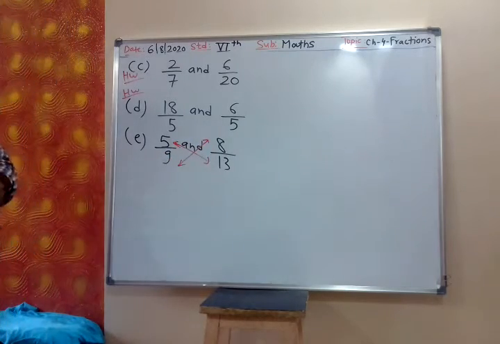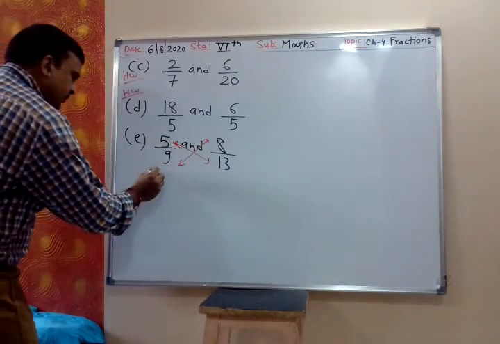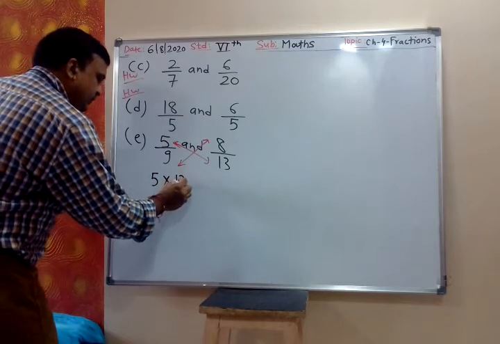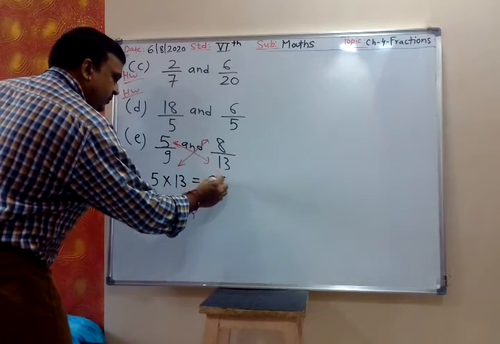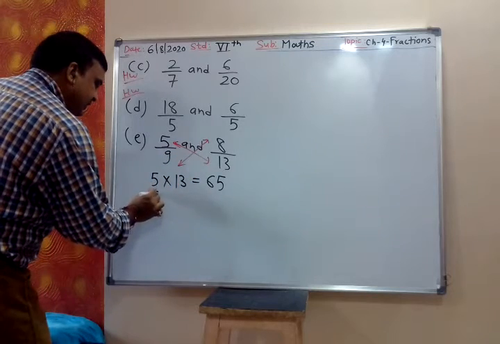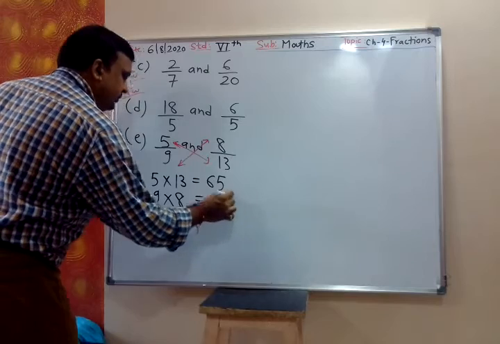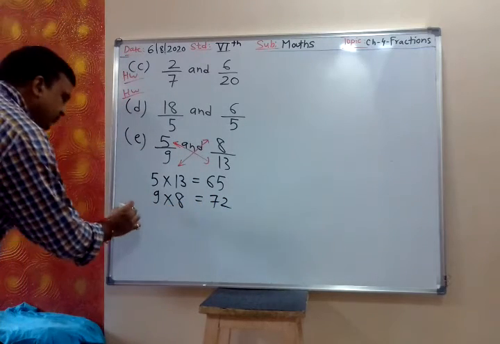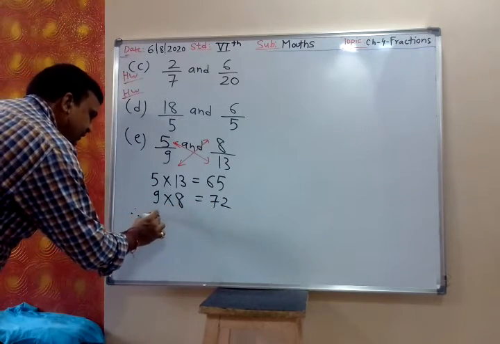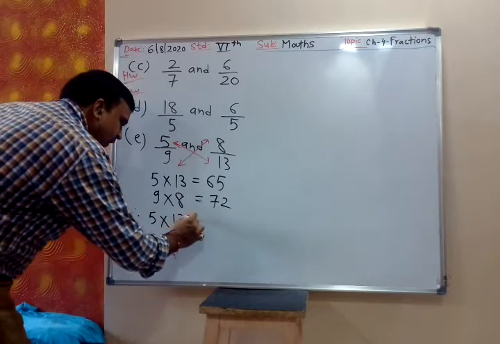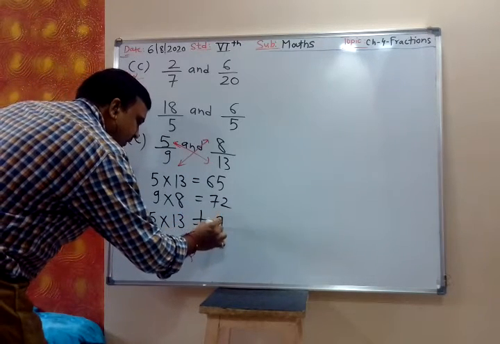You will get 5 into 13 is 65, and 9 into 8 is equal to 72. So 65 and 72, they are not equal.